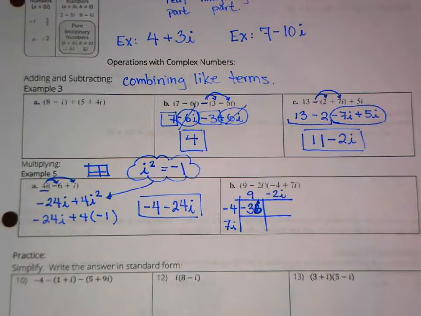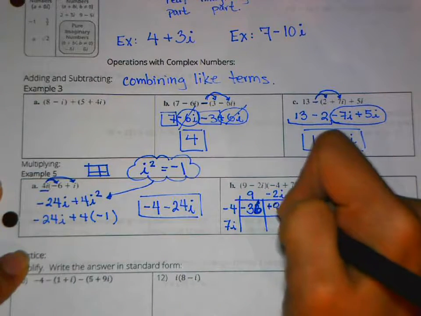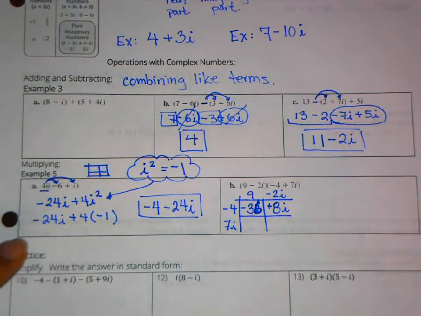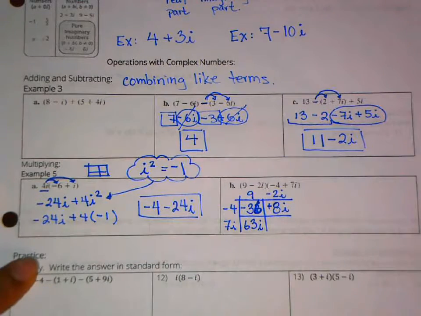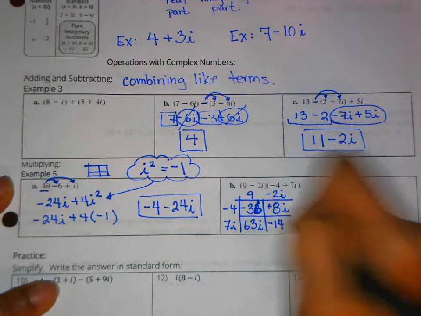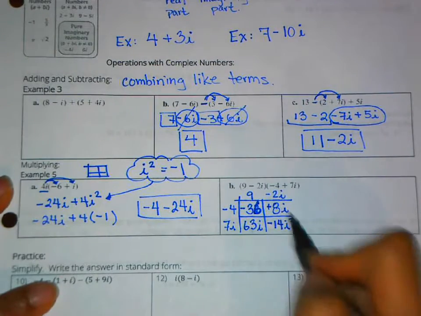Sorry. Negative 4 times negative 2i, positive 8i. 9 times 7i, 63i. And then 7i times negative 2i, negative 14i squared.